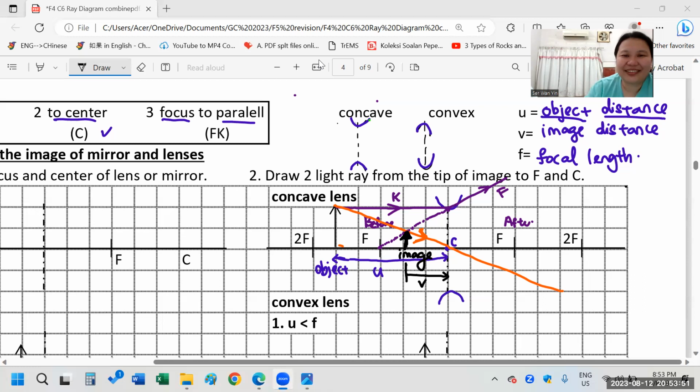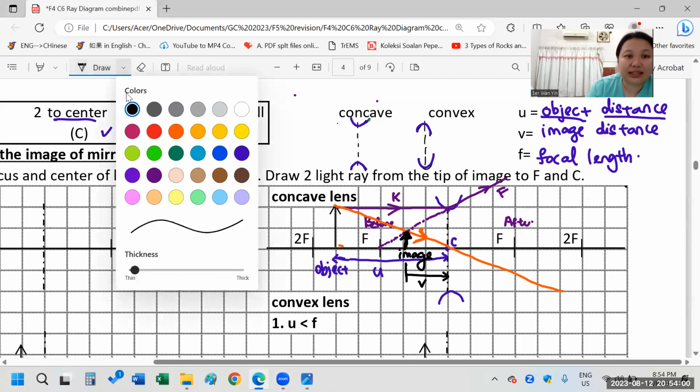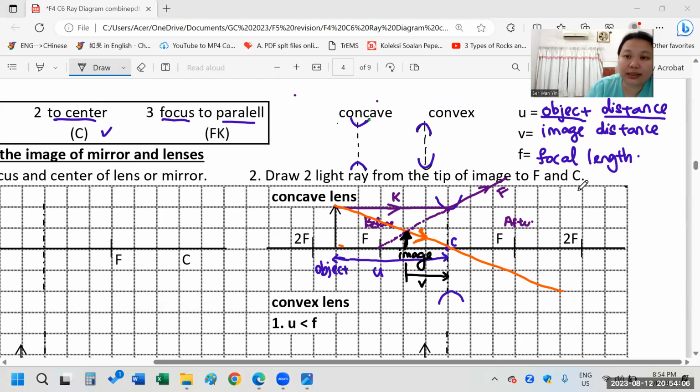Hey, Darren, you are right. Yes, very good. So now let's draw. Okay, let's write here characteristic.